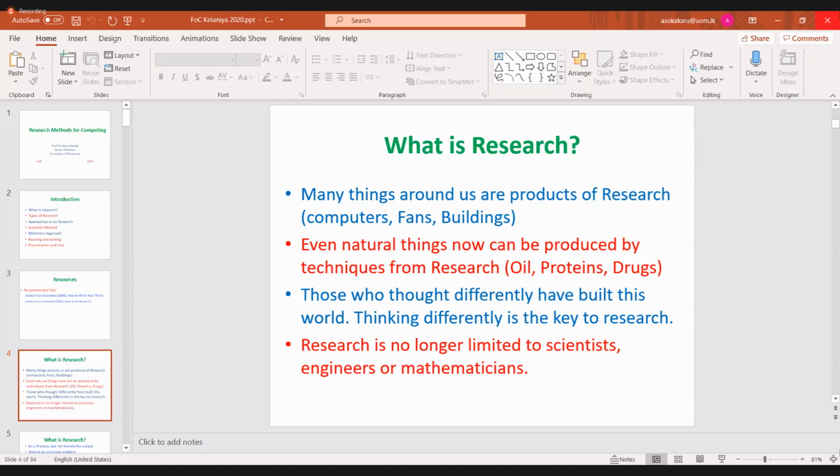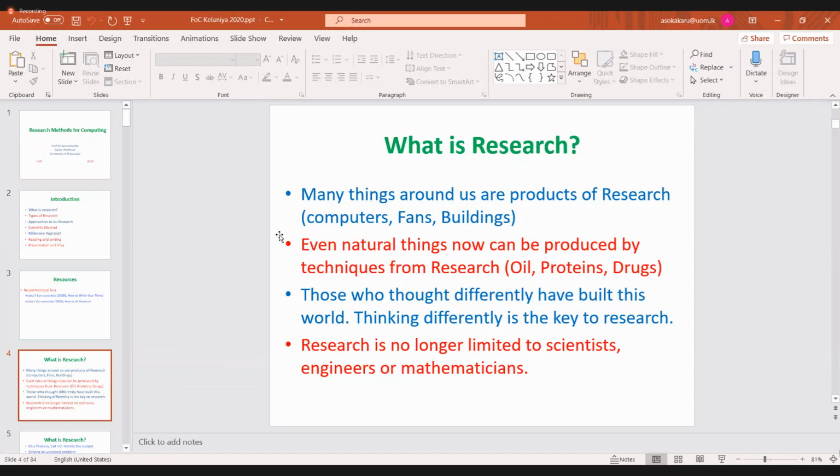Now, can you tell me something which is available in the nature, but can still be generated using methods in research? Already available in the nature, but research findings can also do it.